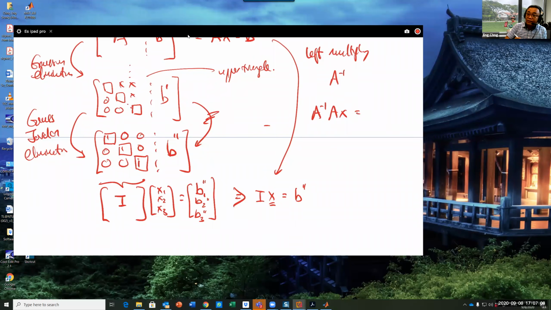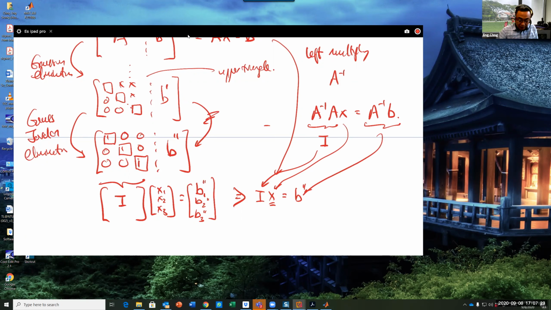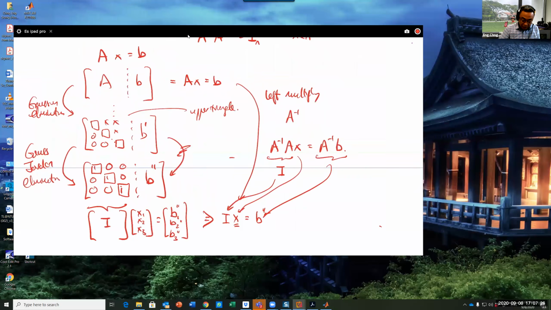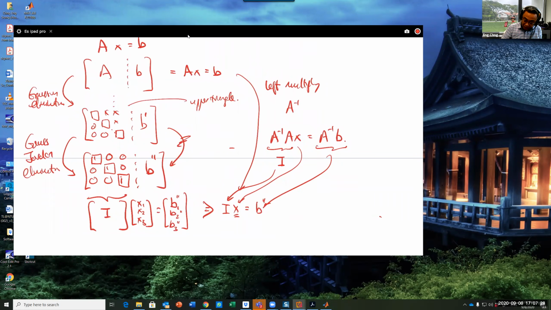Since we multiply on the left hand side, and therefore this guy is I, and we have the x here. So this guy is this guy. So now we see the whole idea that Gaussian elimination, you can also view as multiplying the left matrix of A by A minus 1. Of course, A minus 1 must exist for all these things to take place, but it's the same idea.